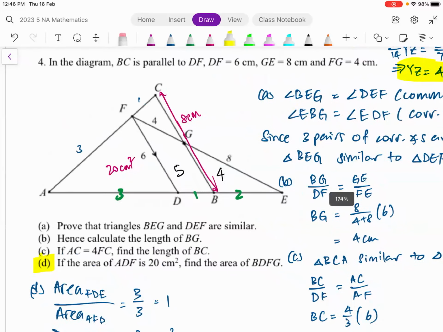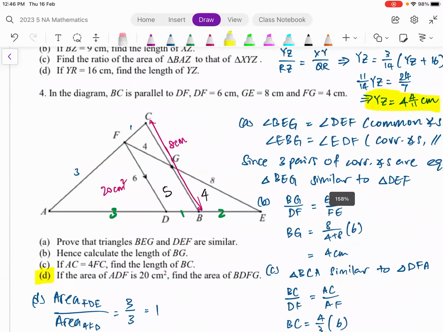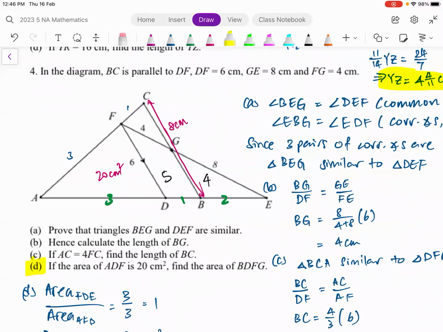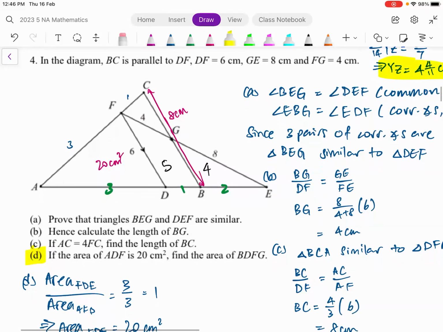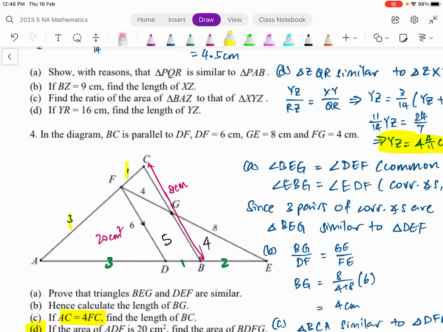So before that, we knew the ratio of length, which is 1:3. Where did we get that from? Here. In part C, it was mentioned that AC is 4 FC. So when they tell you that AC from A to C is 4 times FC, you are expected to be able to write down 1 and 3 over here.